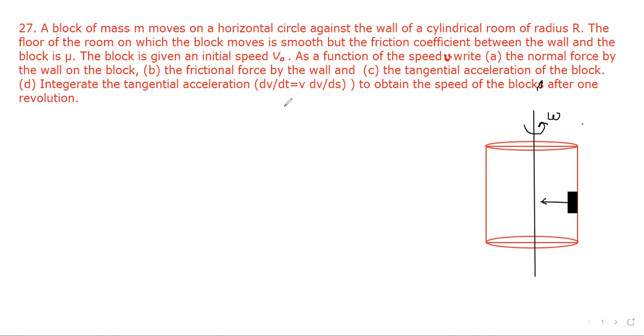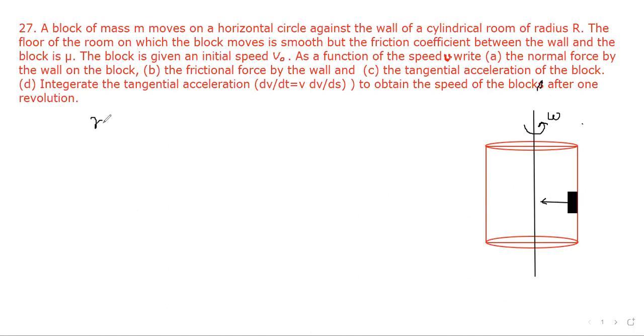after one revolution. So here, when this cylindrical mass moves, there will be a centrifugal force on this block. So we can say that centrifugal force is equal to normal reaction, which will also be equal to centripetal force.